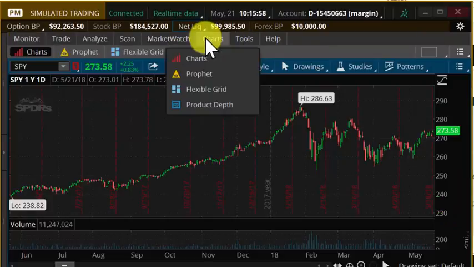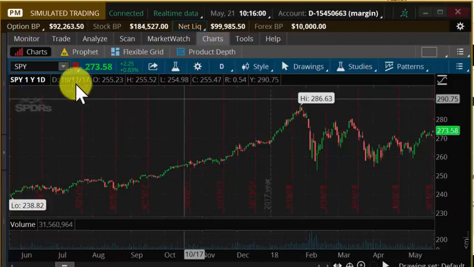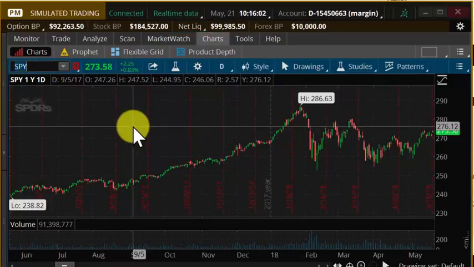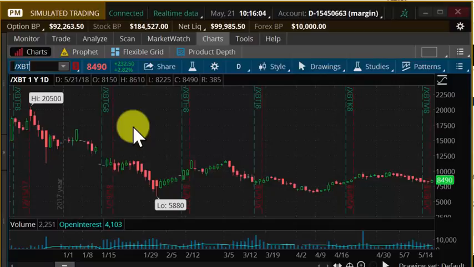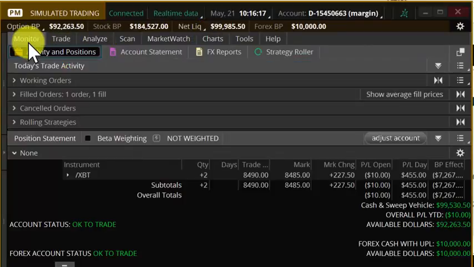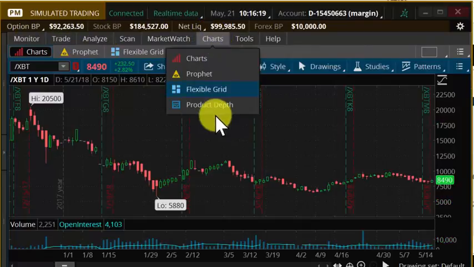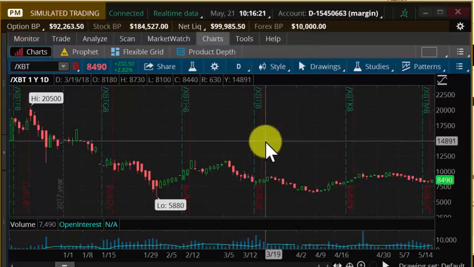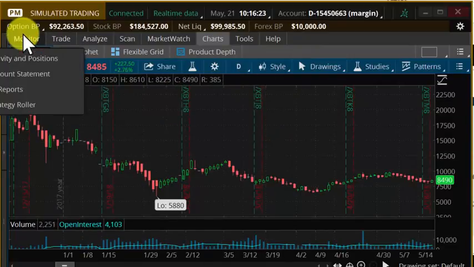So you can follow along with the monitor and the chart. Let's see, if you type in XBT, yes, you could get a chart of Bitcoin here in case you're not already tracking it somewhere else. So I'm new to this platform, and already I was able to put in a trade, find out how to track my position, and find out how to get a chart on it.